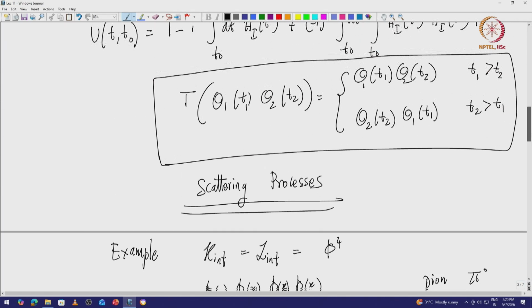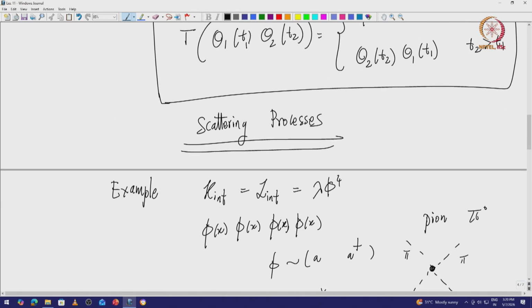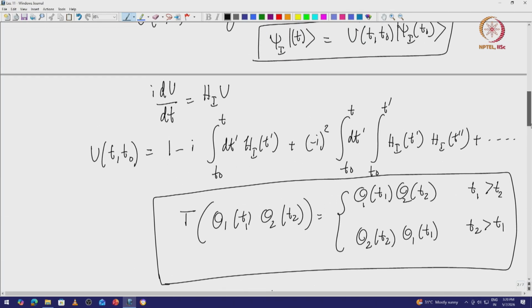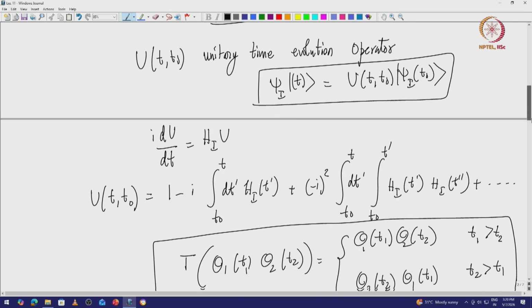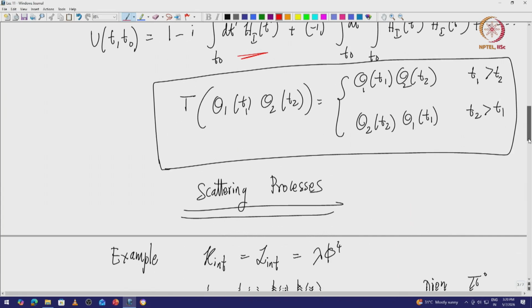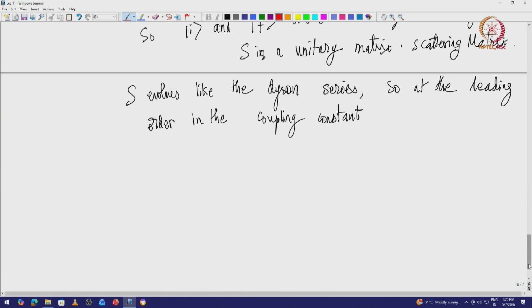Whatever the coupling constant, at leading order in coupling constant, if you remember the Dyson series, the first term is nothing but the H interaction. So, at the leading order in the coupling, it is H interaction.